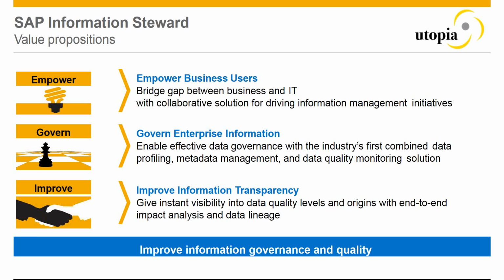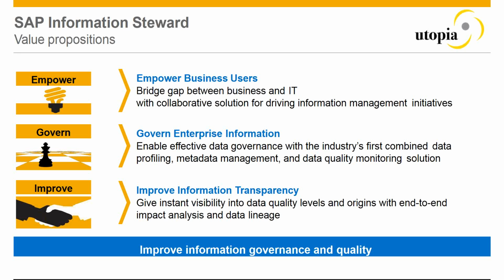It allows for enabling effective data governance with this tool that combines data profiling on the front end, metadata approach, and data quality monitoring. So it's a critical part of governance and migration for you to be able to consider as part of your quiver of arrows.